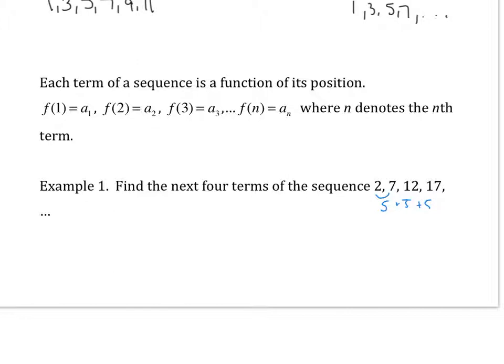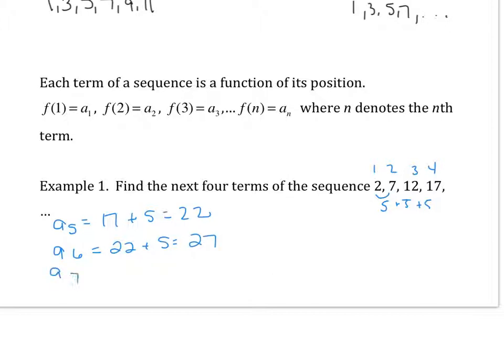So to figure out the next 4, this is 1, 2, 3, 4, this is the 4th term. I'll write that a sub 4 a little bit better. So the 5th term would look like this: 17 plus 5 is 22. A sub 6 would be 22 plus 5, which is 27.